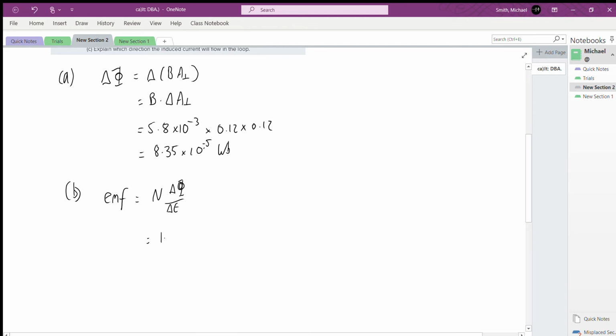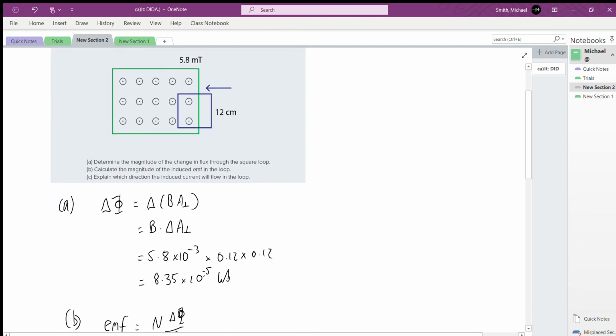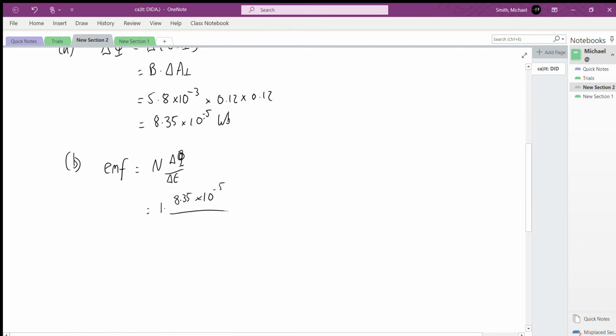The change in flux we've just calculated, 8.35 times 10 to the power of minus 5 Weber, and the change in time from the question was 1.4 milliseconds. Substituting that into the calculator gives 5.97 times 10 to the power of minus 2 volts.